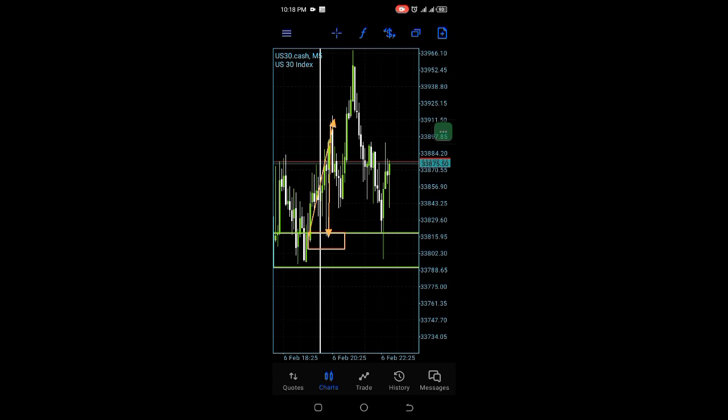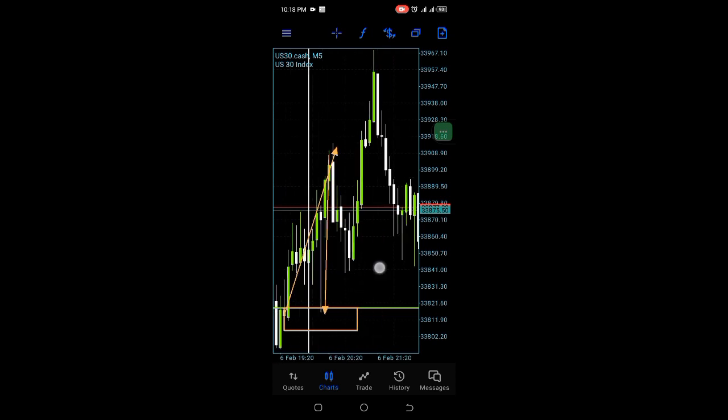But this was a nice one, right? You would have gotten something out of this. As soon as price tapped, you can see the move to the upside in profit. This is huge, guys. This is huge. This is more than 1 to 5, 1 to 6, I think 1 to 7.